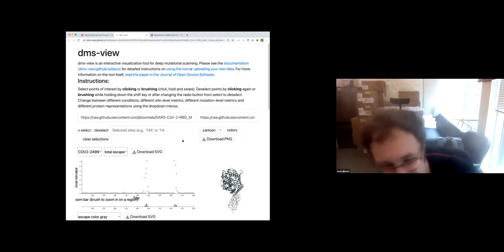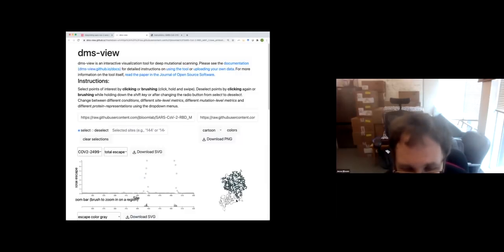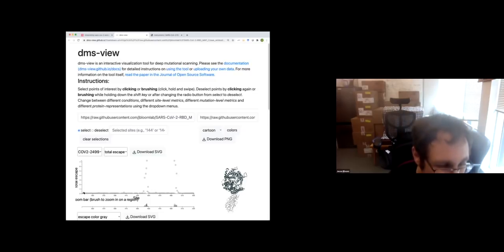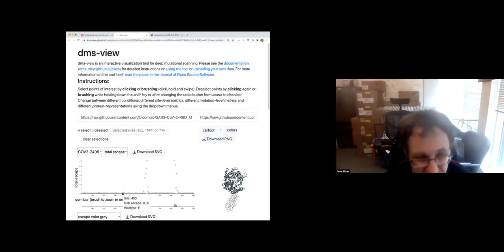Okay, so here's the structure of the receptor binding domain in this light gray color bound to ACE2 in this sort of darker color here. And then here is every site in the receptor binding domain, how much mutations at that site affect antibody binding for this particular antibody.